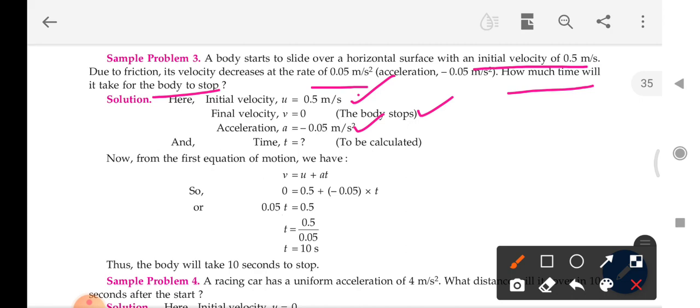So you know the first equation of motion, v equal to u plus at. The value of v is 0, the value of u is 0.5 plus the value of a is minus 0.05, because the velocity decreases, which means you have to take the negative value. So minus 0.05 into t.